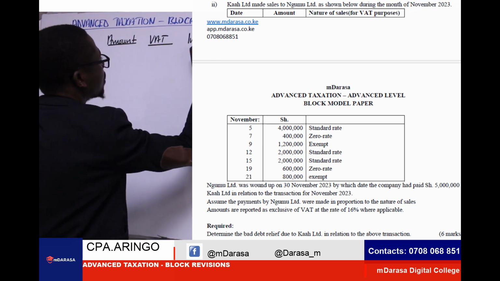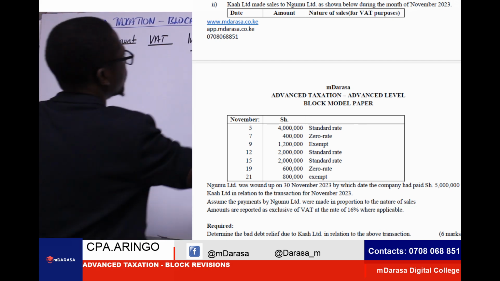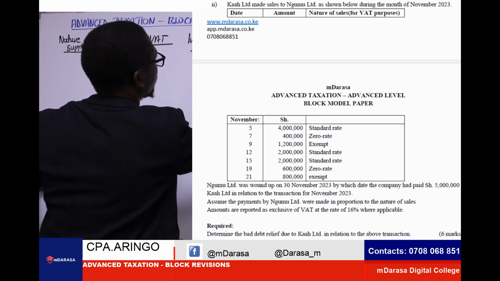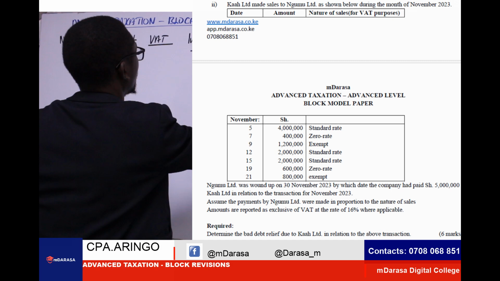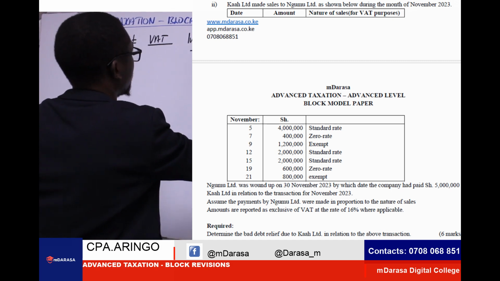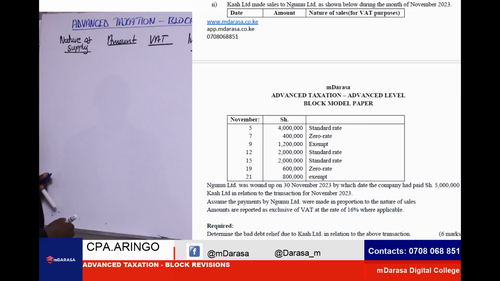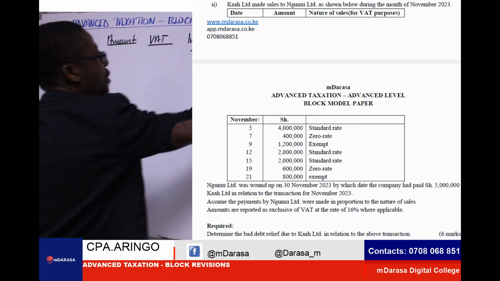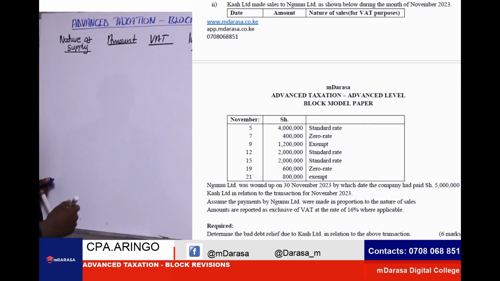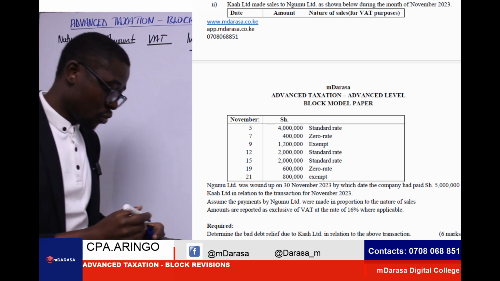Then determine our total value. So once we have this, identify the nature of supply that we are given.